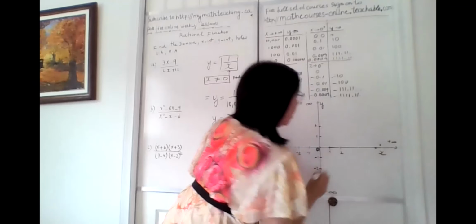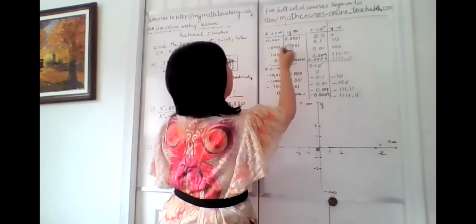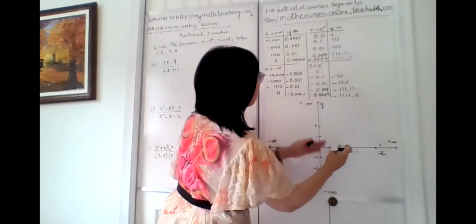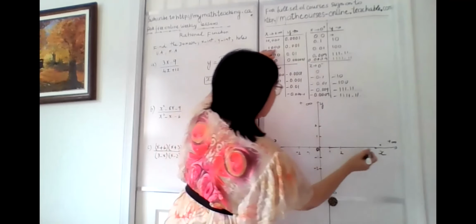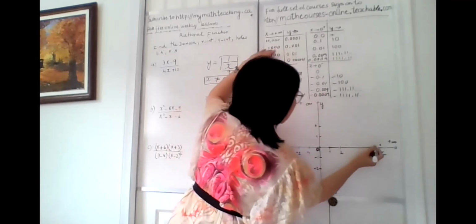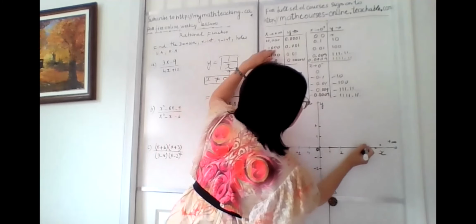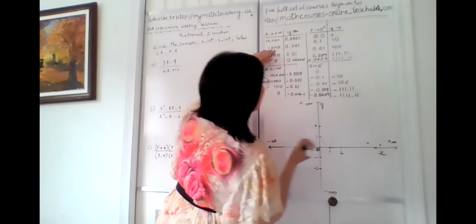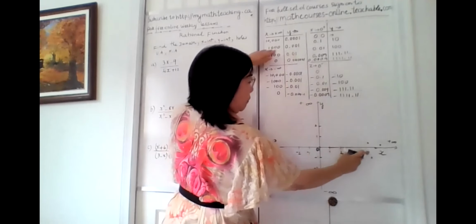So let's say about here, right? If x is getting smaller a little bit, let's say 1,000, this y is still very close, but maybe somewhere around here a little bit higher, but still very close to the 0 level, right?